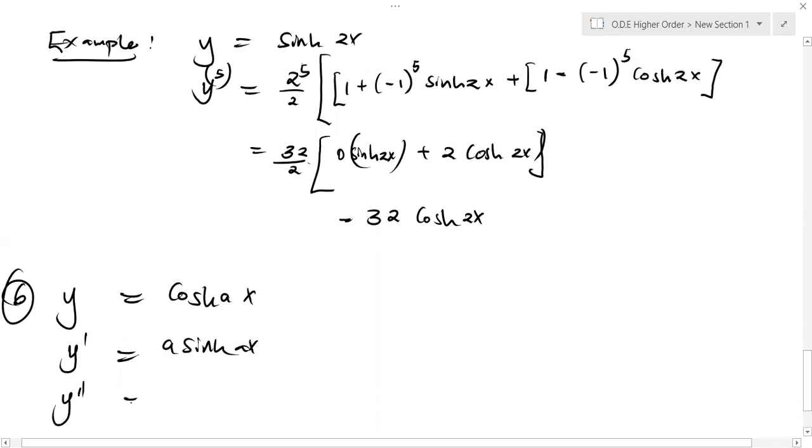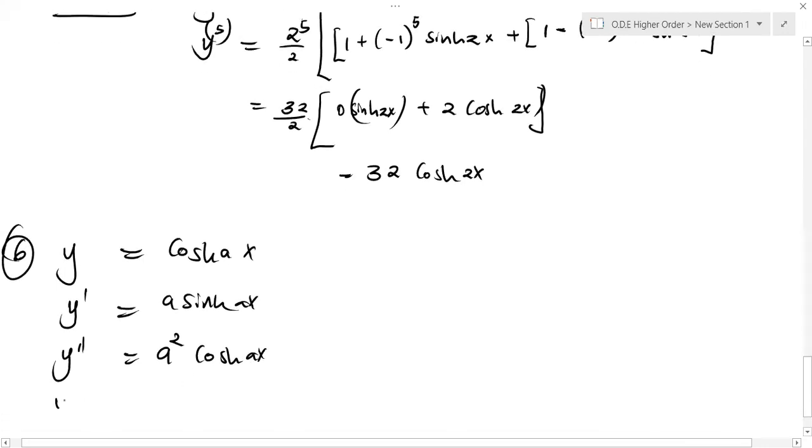Y double prime is a squared cos hyperbolic of ax. Y third prime is a cubed sine hyperbolic of ax.